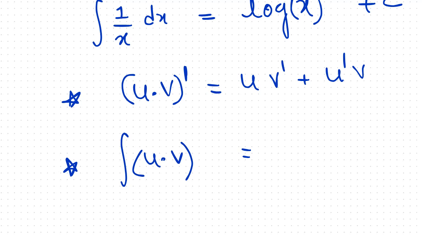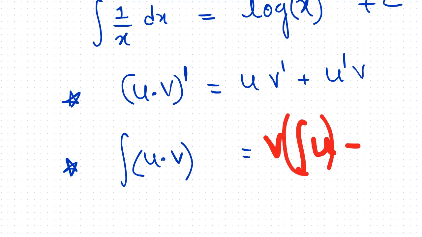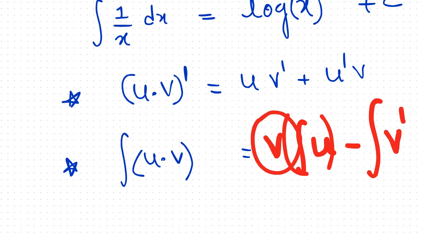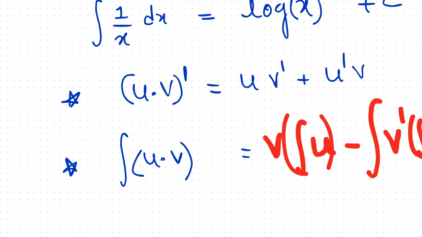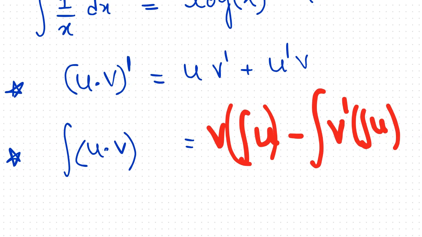What happens is, out of these two functions, you have to pick one function, let's say v. So v comes out: v multiplied by integral u, minus integral of v dash, the differentiation of v, multiplied by integral u. So there is an integral inside of an integral.